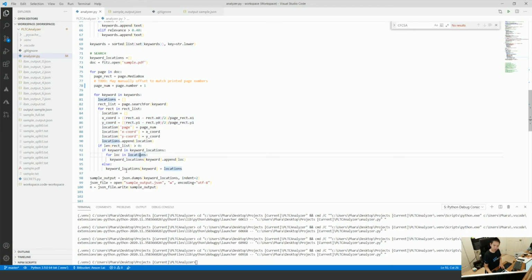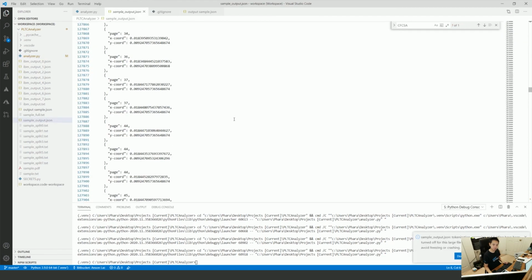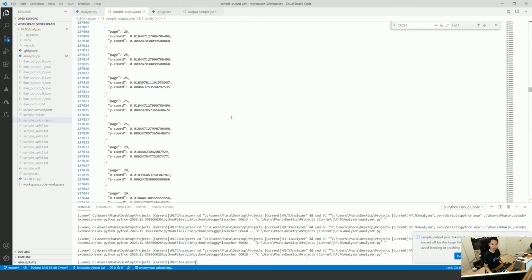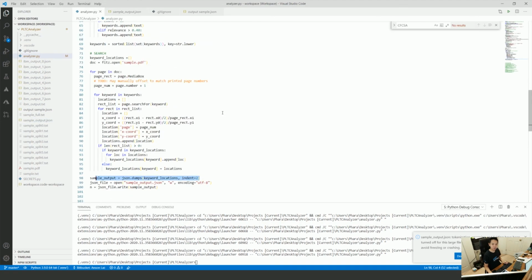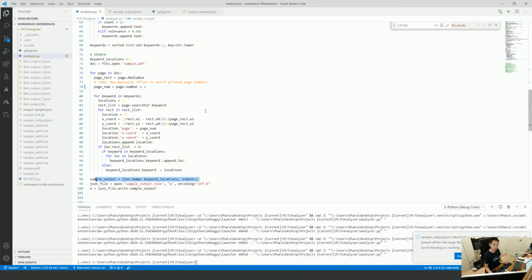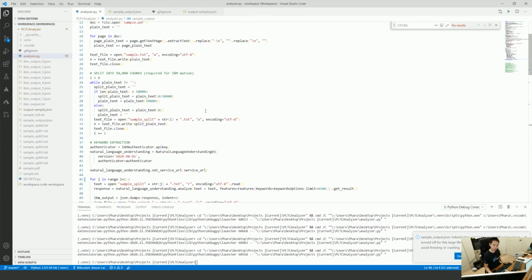We append it to the keyword into the locations, and then we set the keyword as a key and the location as the value. So we create this giant JSON file, which you guys have seen so frequently. I think it is pretty straightforward.